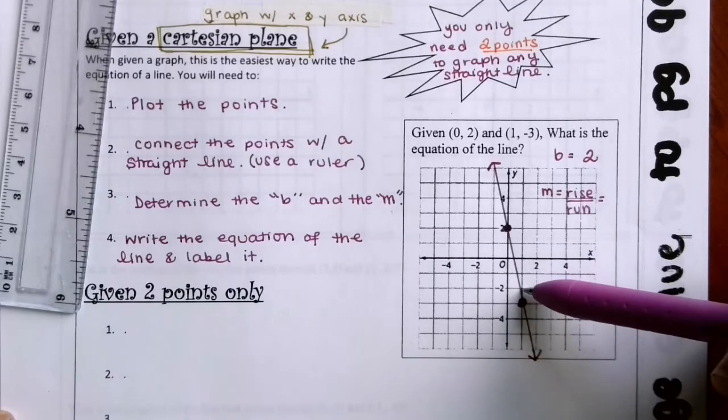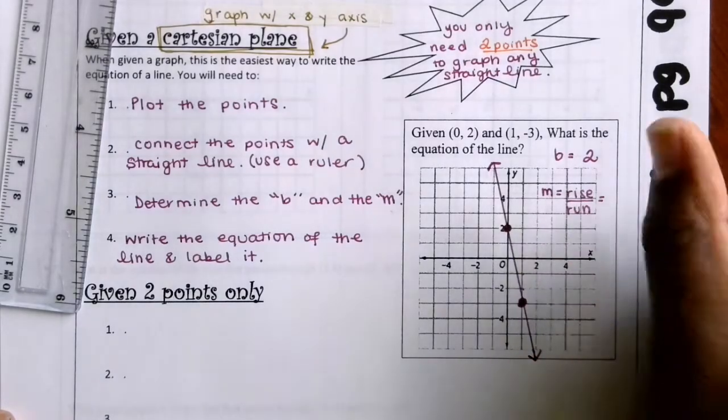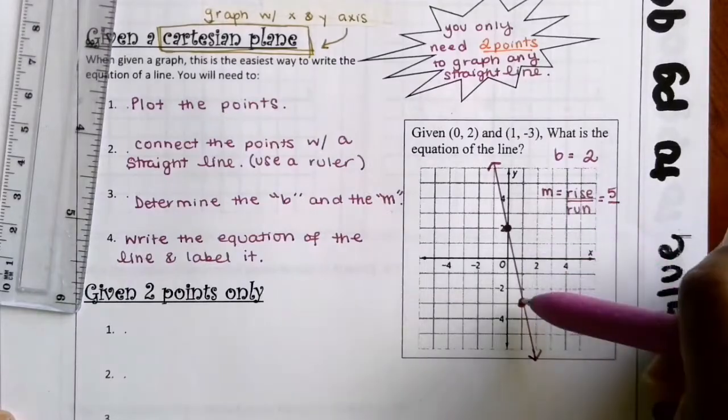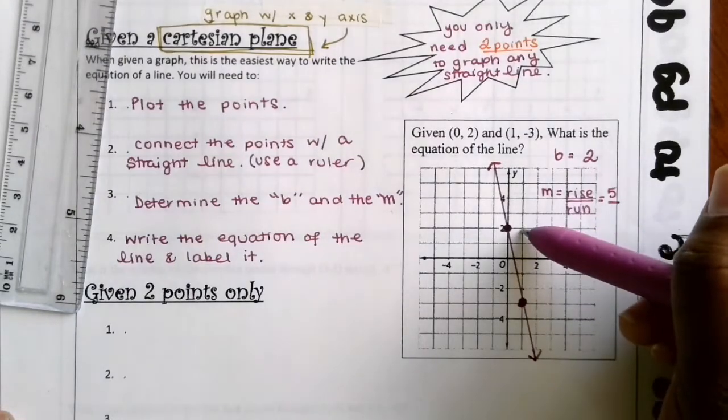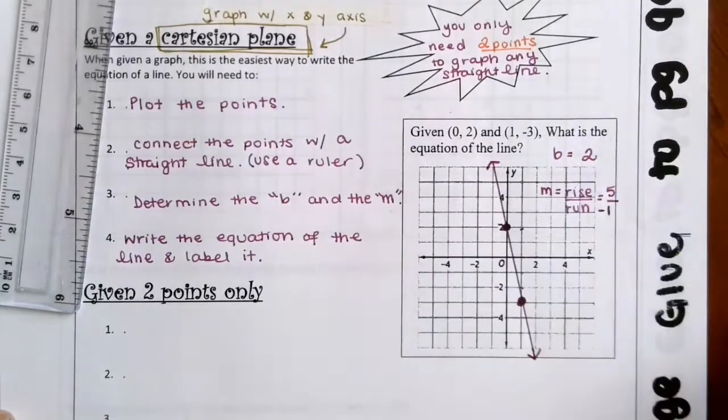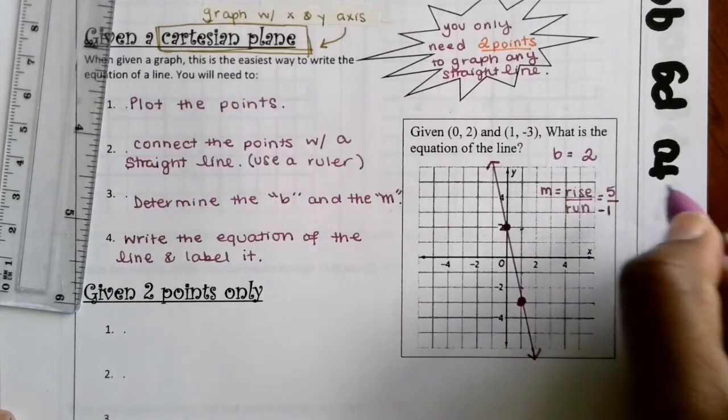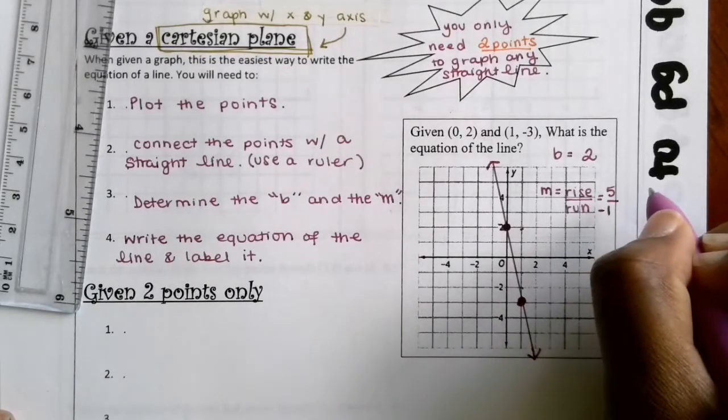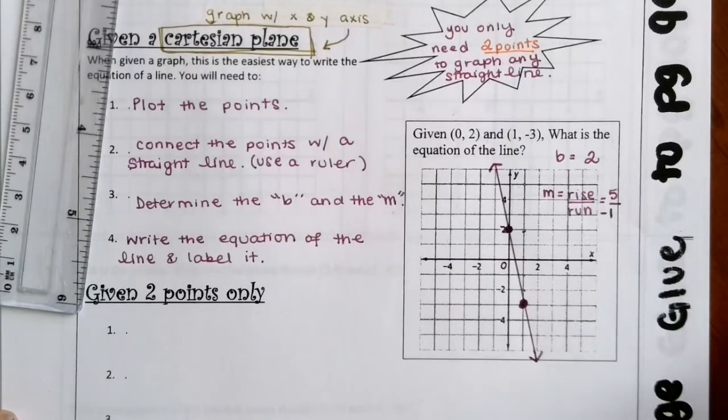If I'm counting my slope, I count up 5 spaces, and I count 1 in the negative direction. So my rise is 5, and my run is -1 because I ran 1 in the negative direction.